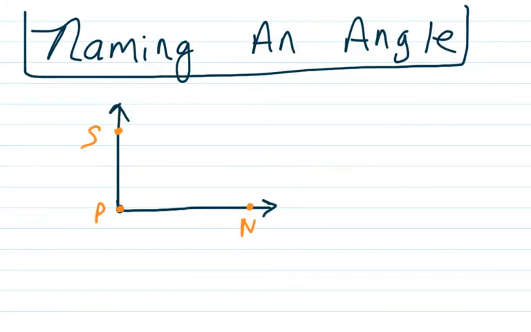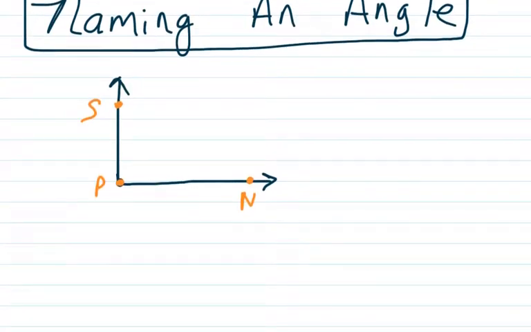So now let's look at naming an angle. Remember, when we name an angle, we name it with the vertex being in the middle. And we write this down by saying this is angle, we put a little angle sign right here, SPN. And you remember, the vertex is always in the middle.